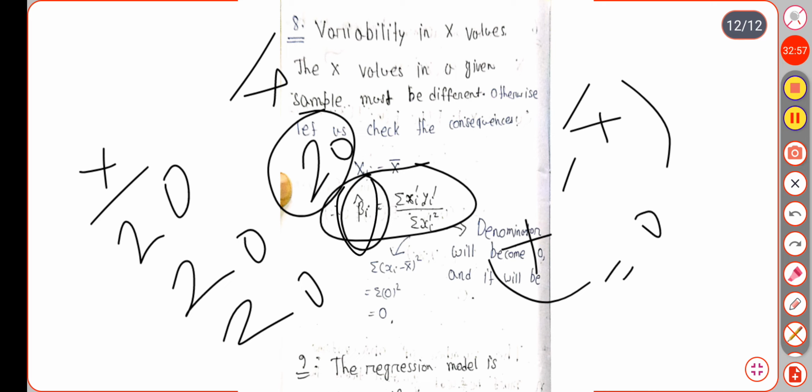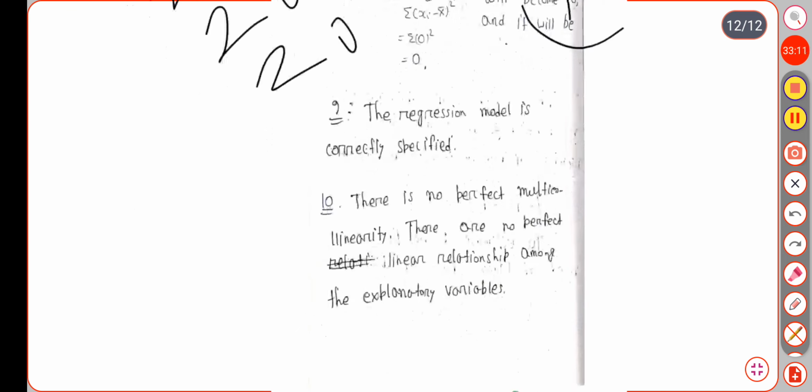So the beta hat will also become 0. That's why x values should be variable. That means x values should change and should not be the same. Okay, 1 or 2 x values can be the same, but not all. All the x values can't be the same.